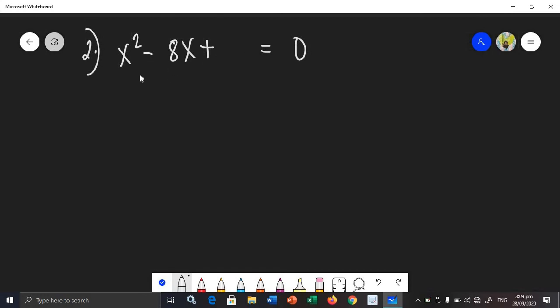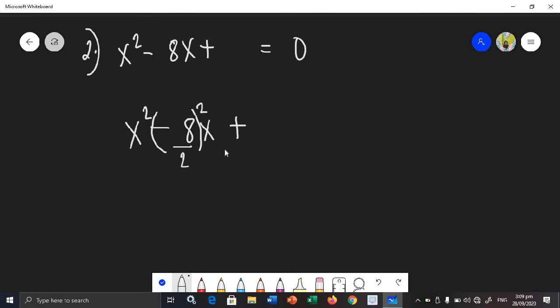Kailangan i-divide natin si coefficient sa 2 and then i-square natin siya. Okay? Negative 8x plus itong si coefficient niya, i-divide natin sa 2 and then i-square natin. Ganun yung makikita nyo sa book ninyo.